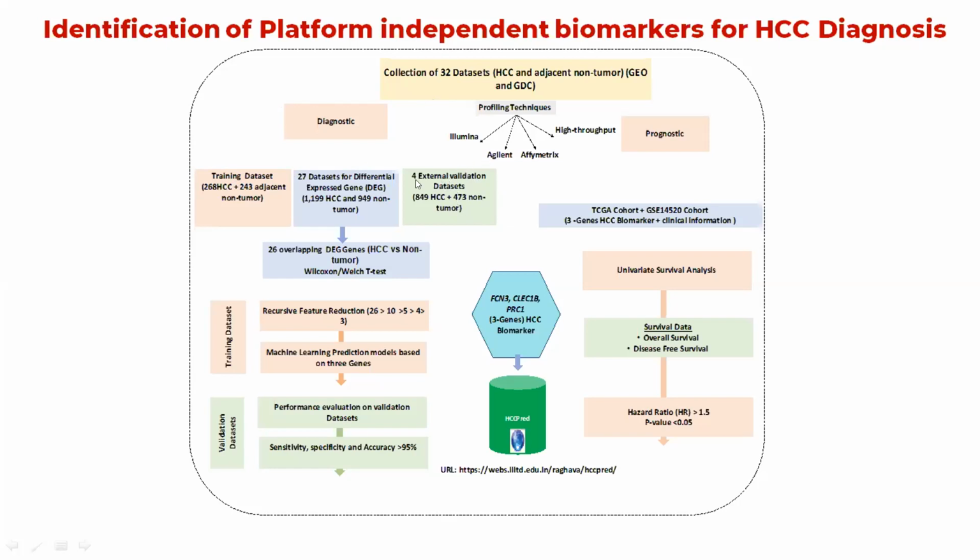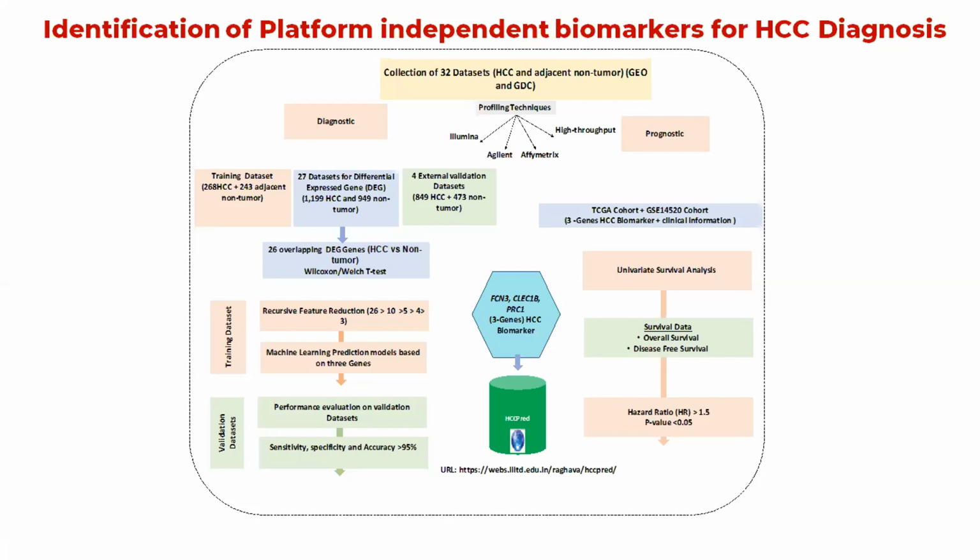To reduce the genes from a large scale, as there are 20,000 genes present in any kind of transcriptomics data, and to filter out the important genes, we have performed differential gene expression analysis on 27 datasets, which have nearly 1200 HCC samples and nearly 950 non-tumor normal samples.